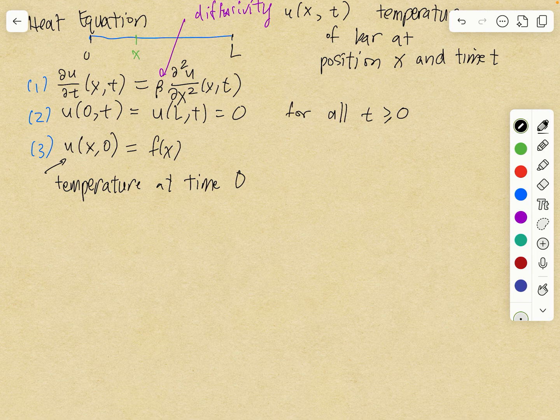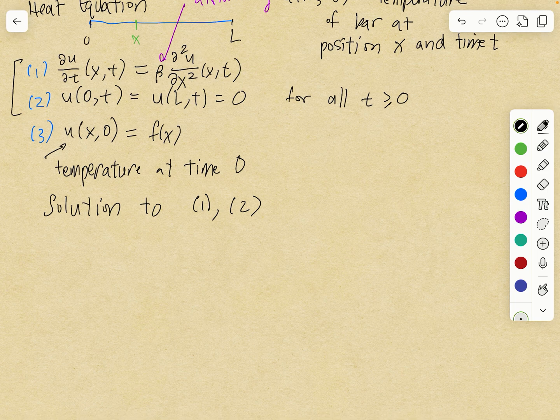Okay, so you have these three equations that tell you the temperature at time t and at position x. I'm going to write down the formula for u of x,t, which is the solution to equations 1 and 2, without 3.